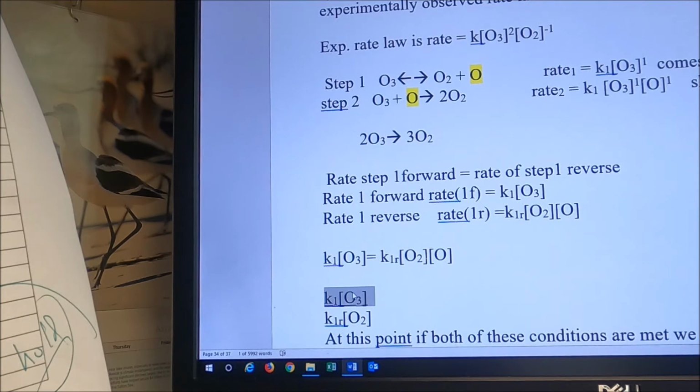I've got k1 O3 concentration divided by k1 reverse O2 concentration, and that's going to equal the oxygen concentration.